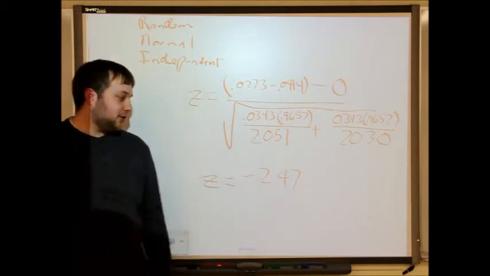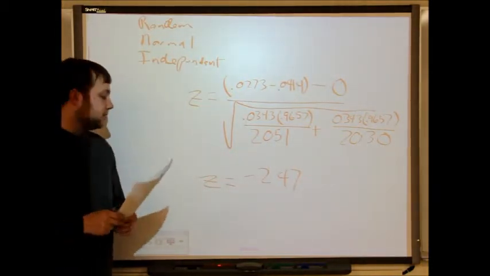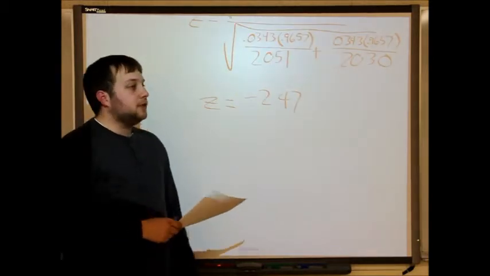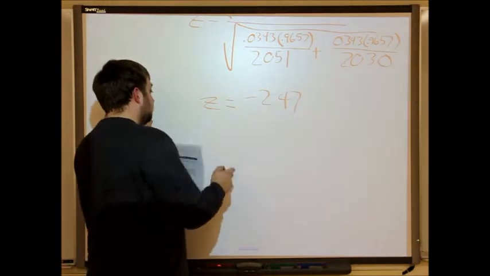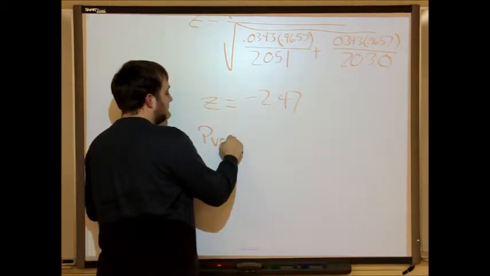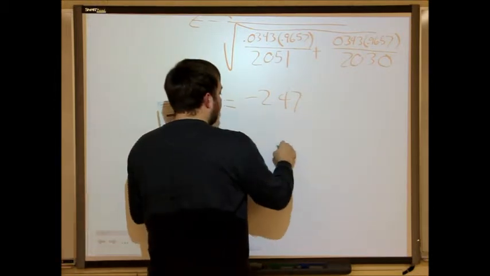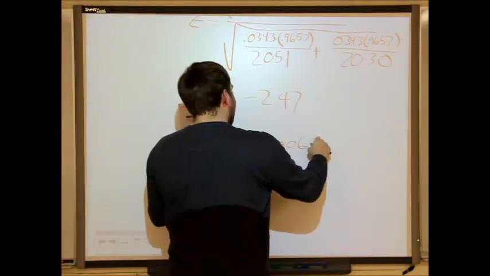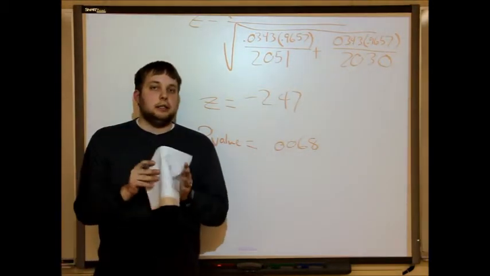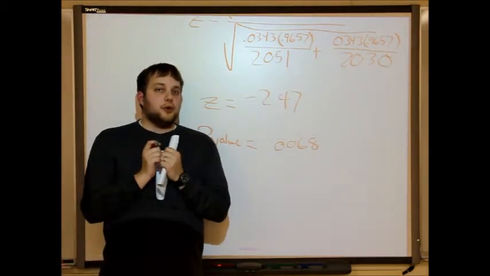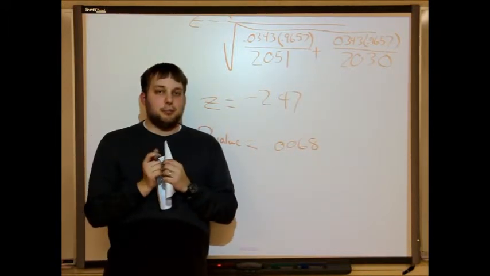Alright, so my z-score should be negative 2.47, which then, if you look in the back of your table, you should get a p-value. What's that probability? Probability should be 0.0068. Boy, that's a really small probability. If it was true that there was no difference, I had this amount of chance of getting my sample.